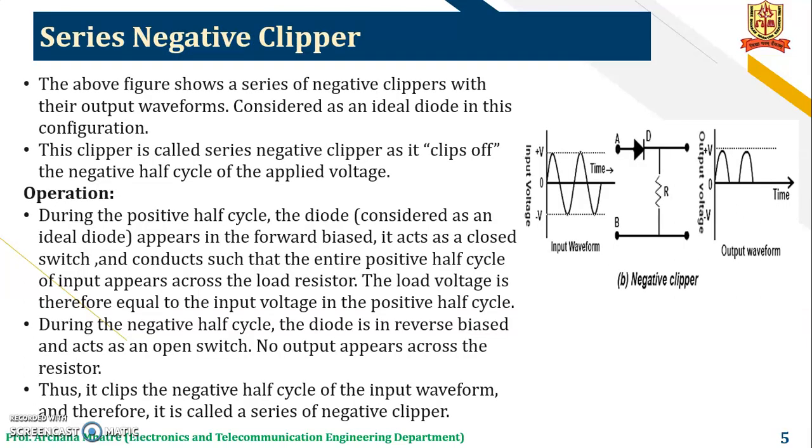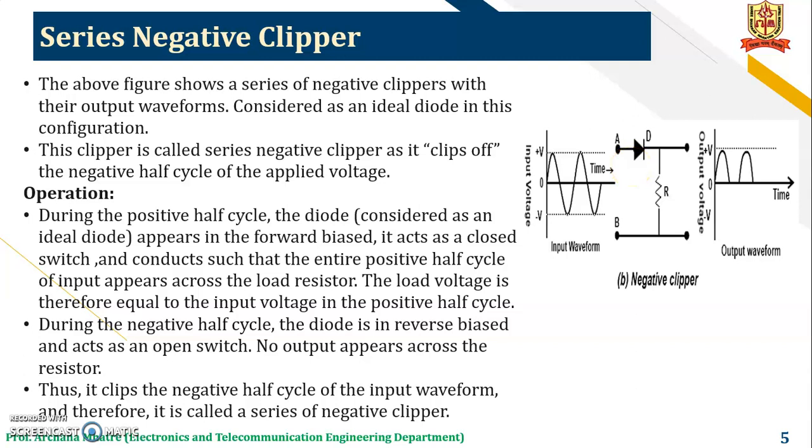Now this is a diagram for series negative clipper. In this diagram you can see, in negative clipper one diode and a resistor are used. This is the input waveform of the negative clipper and this is the output waveform. On the output side you can see that the negative part of the waveform is clipped off.